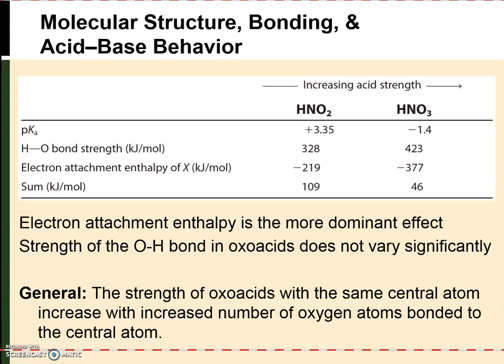So more oxygen atoms means more electron density removed from the OH bond. And so that's going to increase the affinity of the oxygen bonded to hydrogen for electrons. As the number of oxygen atoms increases, the electron affinity of the oxygen atom is going to increase. And so it's going to be even more favorable for the OH bond to break and essentially give one of the electrons from that bond to the oxygen atom.